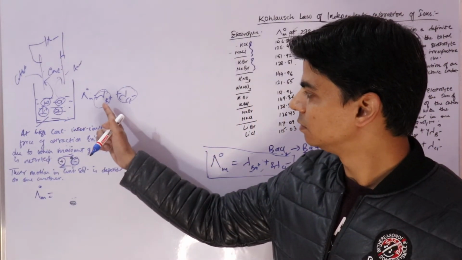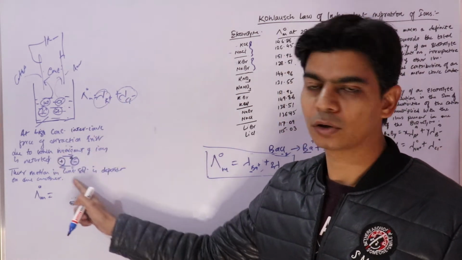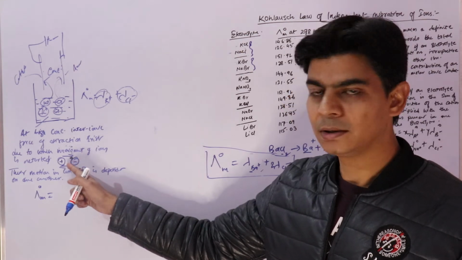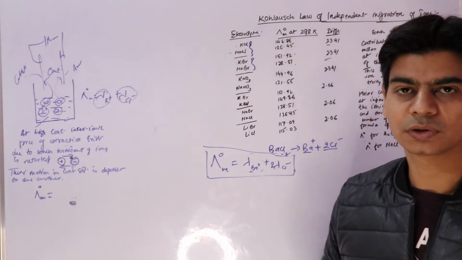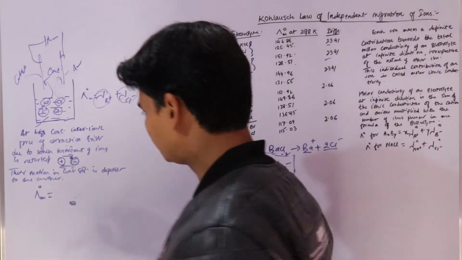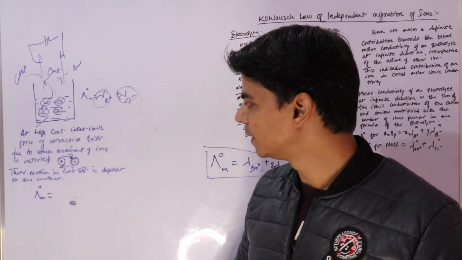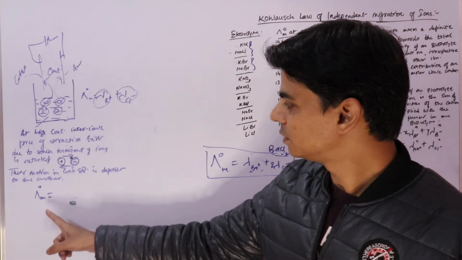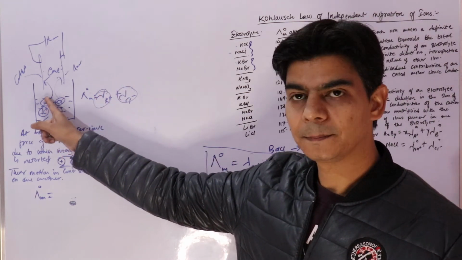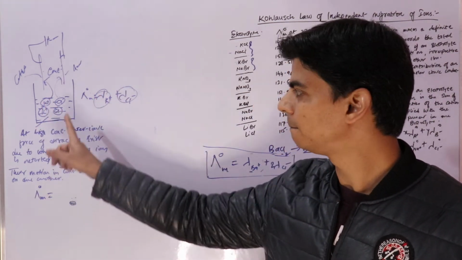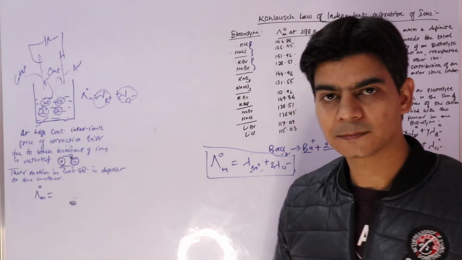In this case, the motion of these ions is not dependent on one another. These ions don't experience any interionic force of attraction, right? So if I apply this law here, I write the conductivity is equal to the ionic conductance of potassium ions plus ionic conductance of chloride ions, right?